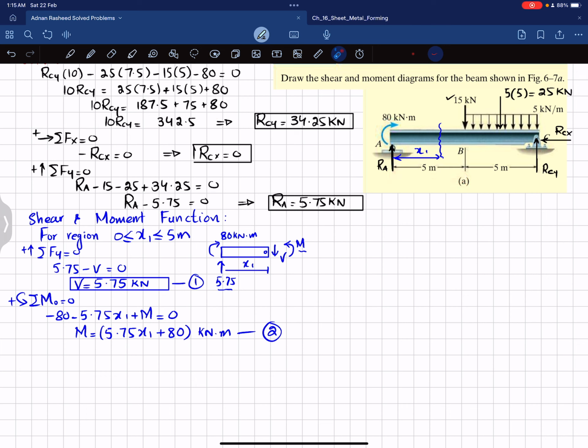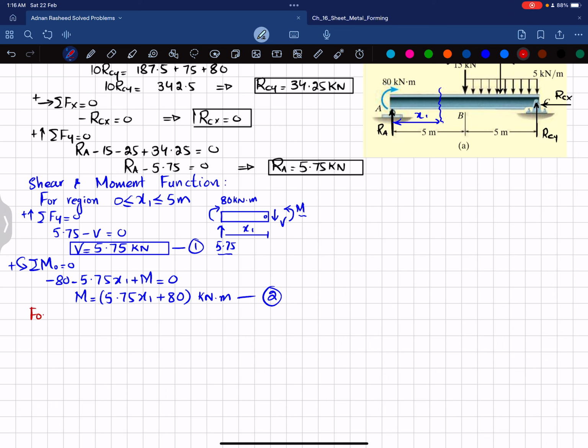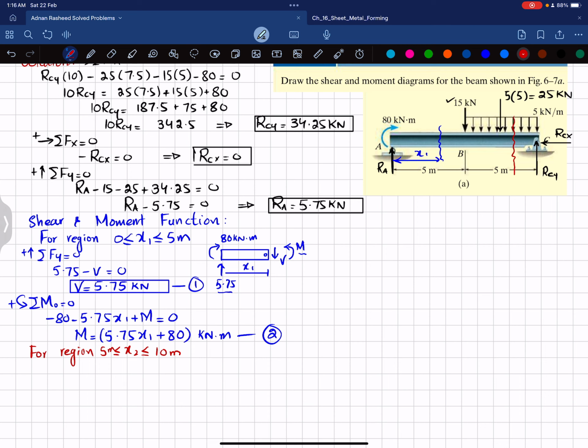For another region, what we will do is that for region X2, which is greater than or equal to 5 meter and less or equal to 10 meter, we are going to cut this beam in this any region.